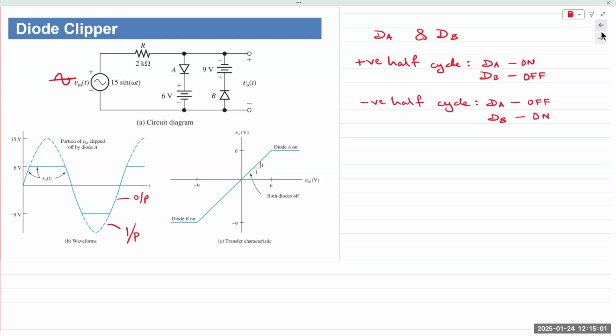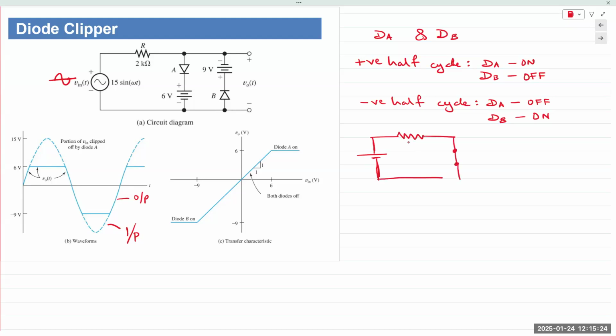Okay, so if that's the case, I can simply model my circuits like this. Actually, because I'm taking only positive half cycles, let's do it this way. And I'm going to ignore the 6-volt and the 9-volt battery for now. Okay.